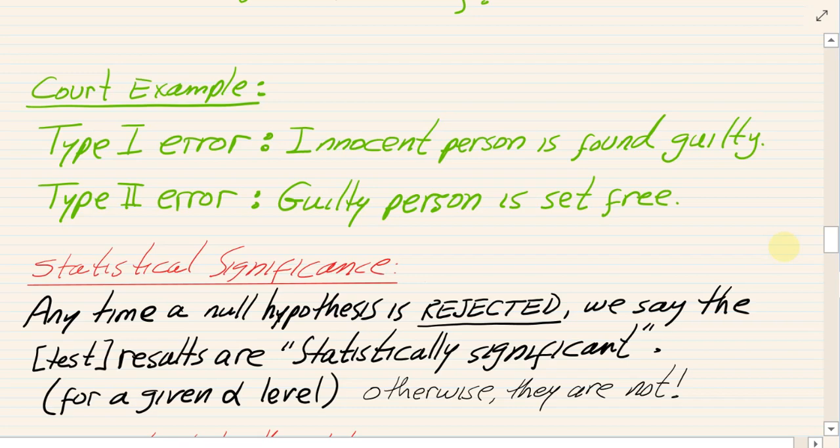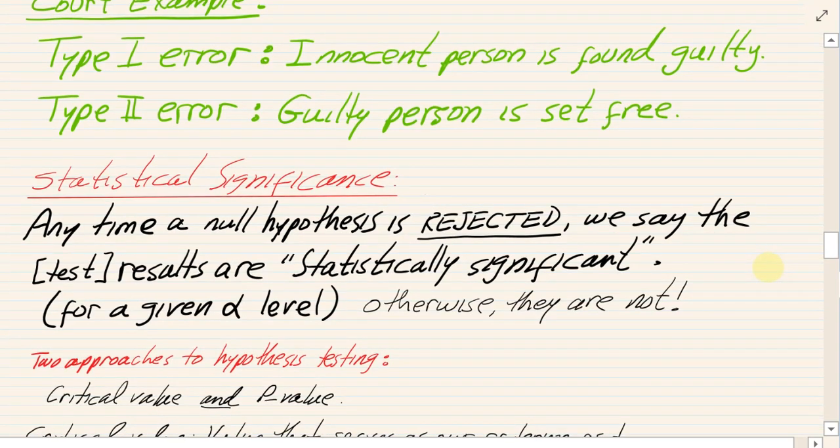The status quo no longer holds and it was changed. So when we say results are statistically significant, it means we were able to reject the null and we actually changed the status quo.